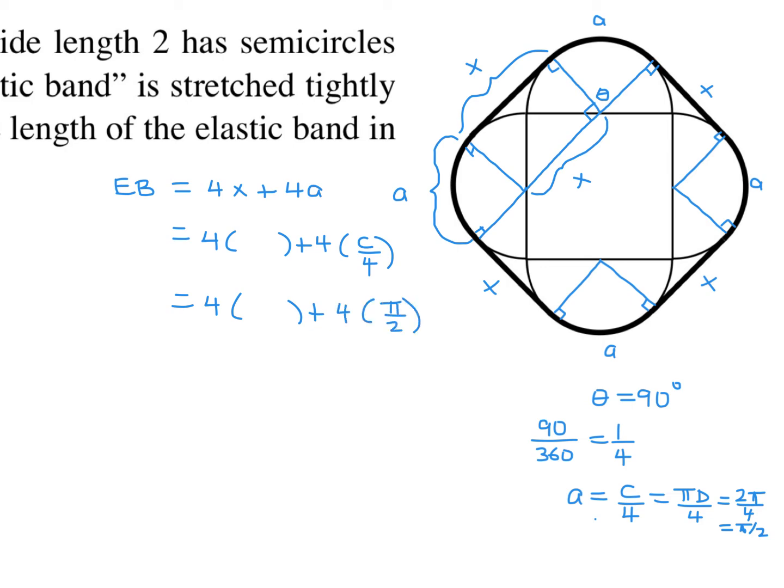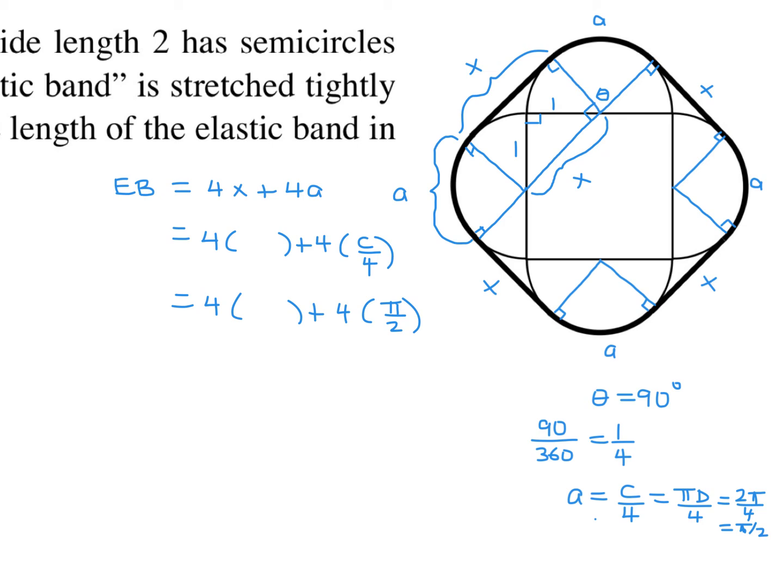Okay, so far so good. Now I just have to figure out x, and then I'll be in business. How do I figure that out? Well, this is a right angle, and from here to here is 1, because it's just half of the side of the square. And similarly, from there to there is also 1.